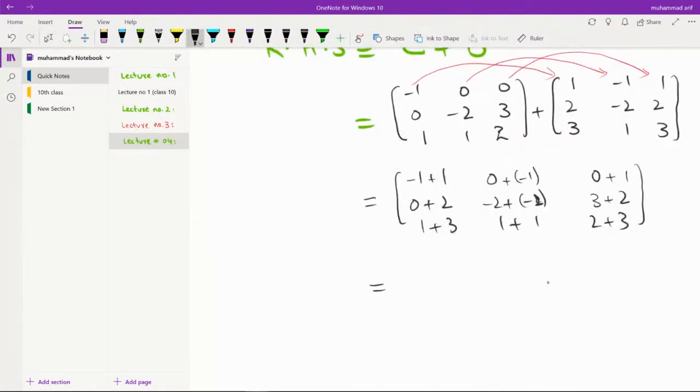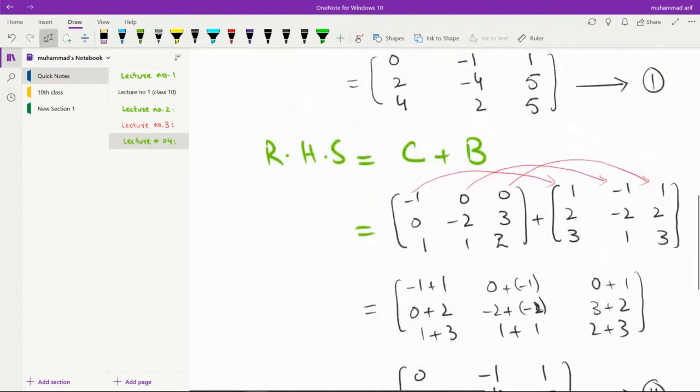It becomes 0, negative 1, 1, 2, negative 4, 5, 4, 2, 5. We called it equation number 2.